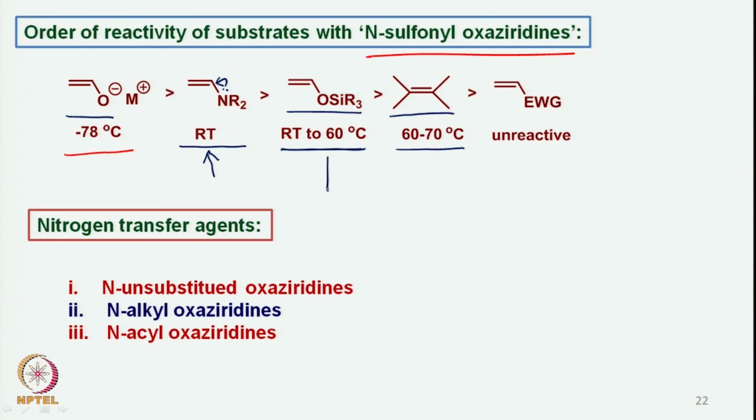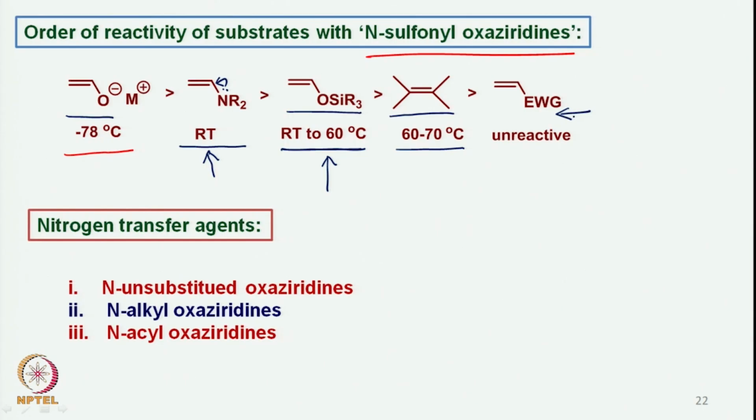That means this can react even at room temperature depending on the reactivity of the enol silyl ether, but can be done up to 60 degrees. But then you have less nucleophilic olefins such as a simple olefin, then you need 60 to 70 degrees, and if we have an electron withdrawing group on the double bond, then the molecule is somewhat unreactive.